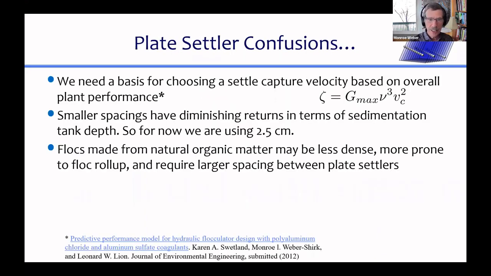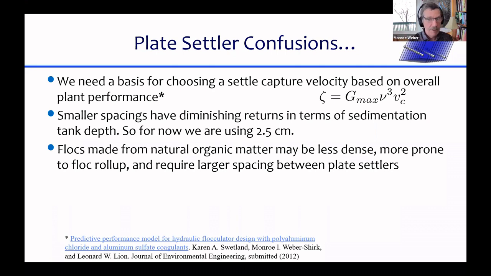So some confusion: we don't yet have a basis for choosing a settle capture velocity based on overall plant performance. Our settle capture velocity is something that we pulled out of the air. We pulled it from a website, but it wasn't based on first principles or physics.